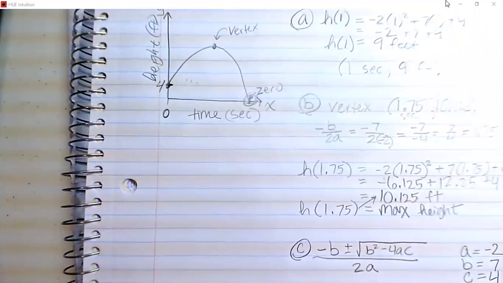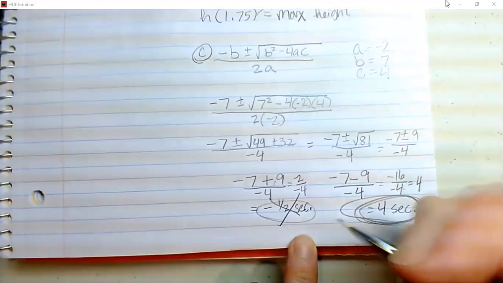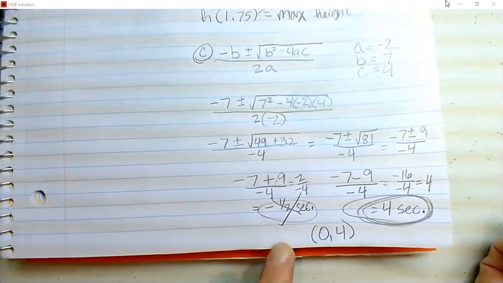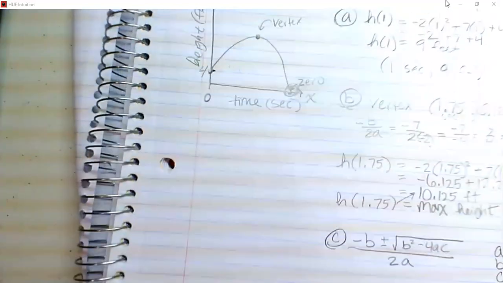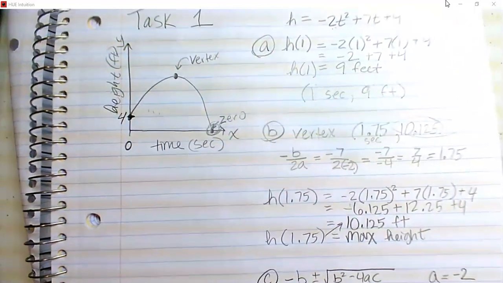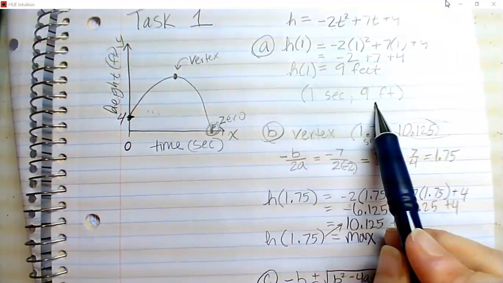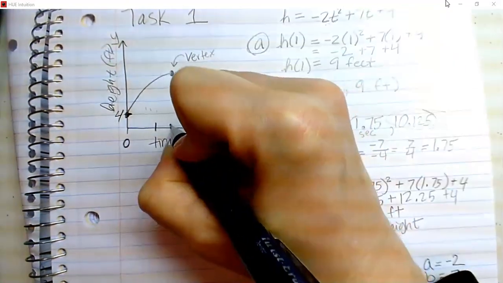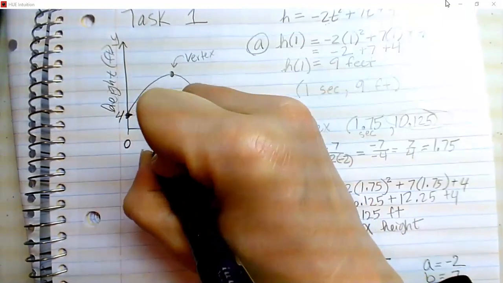So I told you these three, oh, by the way, if I put this one as an ordered pair, it would be (4, 0), right? So we actually came up with three different ordered pairs here for A, B, and C. That first one wanted to know how high the toy was after 1 second. So I know 1 second is about right in here. I'm gonna put 1 right here.